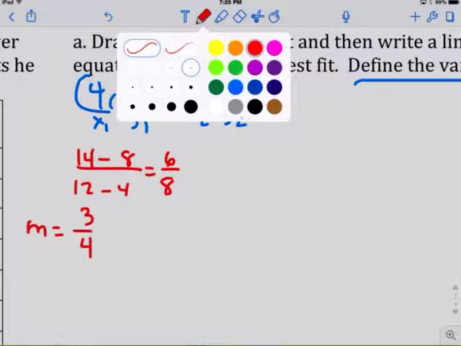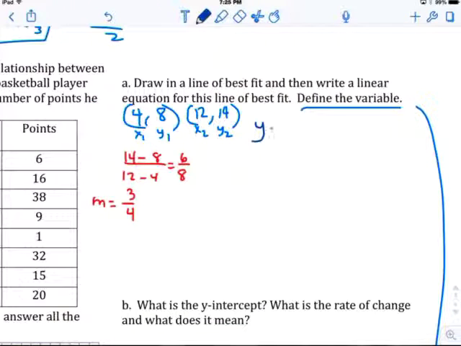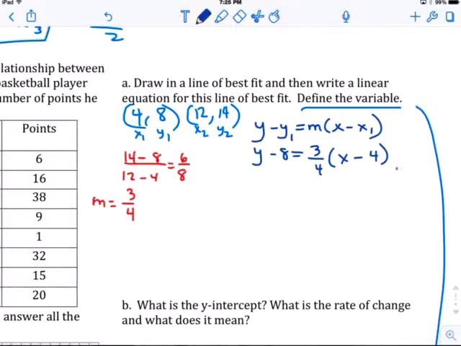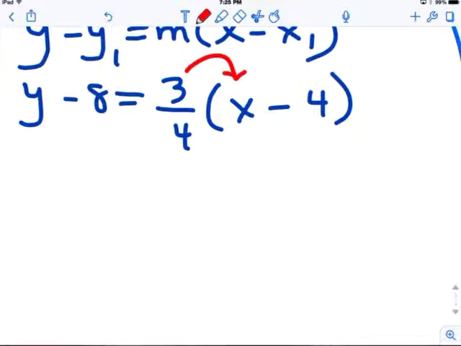Slope, same thing, right? So you get y minus y sub 1 equals m, point slope. We start out with point slope. Y minus y sub 1, which is 8, equals m, which is 3 over 4, parentheses, x minus x sub 1, which is 4. Okay? Distributive property. 3 over 4x, additive inverse, plus a negative 3.